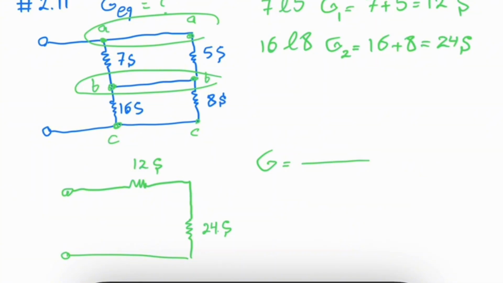If two conductors are in series, the equivalent conductance can be found as the product of them over the sum of them, which over here is going to be 8 Siemens.